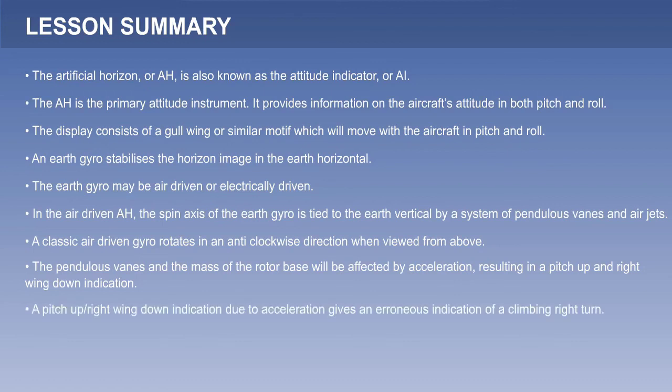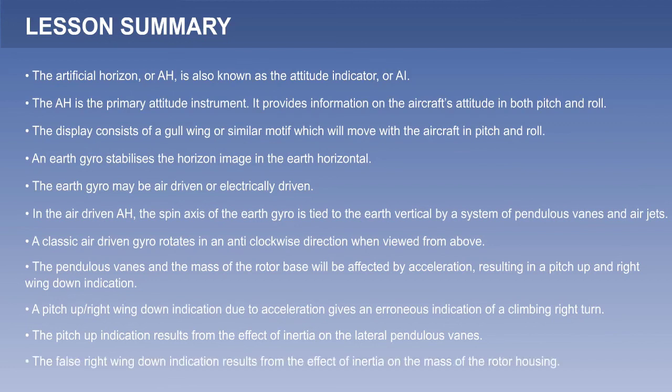A pitch up and right wing down indication due to acceleration gives an erroneous indication of a climbing right turn. The pitch up indication results from the effect of inertia on the lateral pendulous vanes. The false right wing down indication results from the effect of inertia on the mass of the rotor housing.